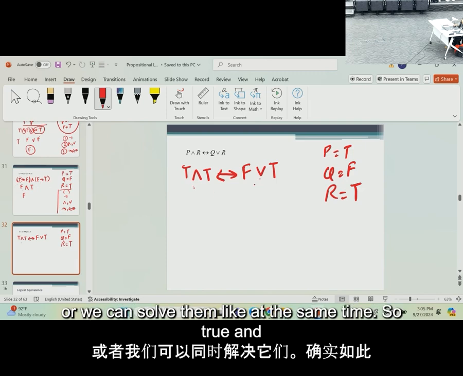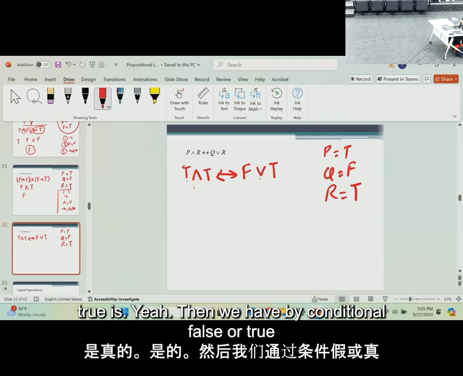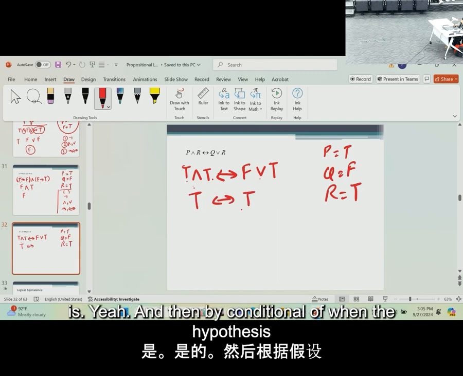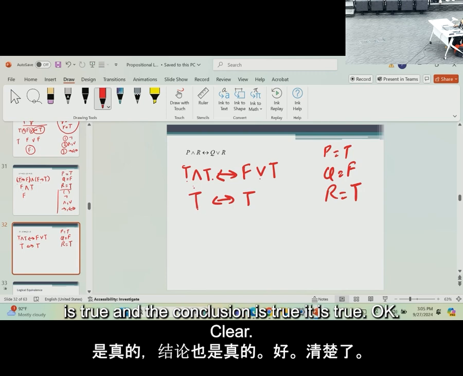We can solve either of these first, or at the same time. True and true is true, then we have biconditional, false or true is true, and then biconditional of true and true is true. Clear?